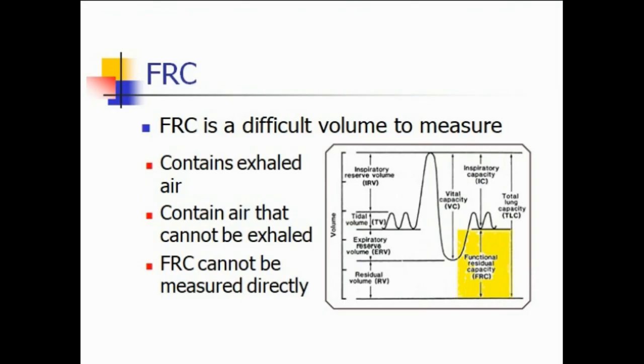FRC, functional residual capacity, is a difficult volume to measure because it contains not only the exhaled air from the vital capacity, but it also contains the air that we cannot exhale no matter how hard we try. FRC cannot be measured directly, so we have to use other test methods.